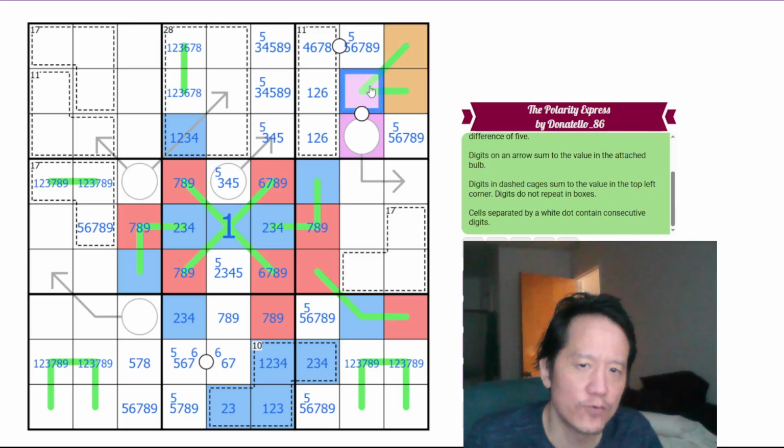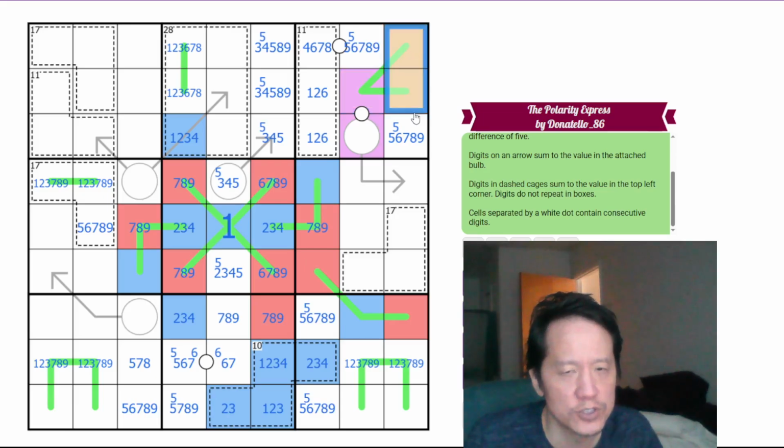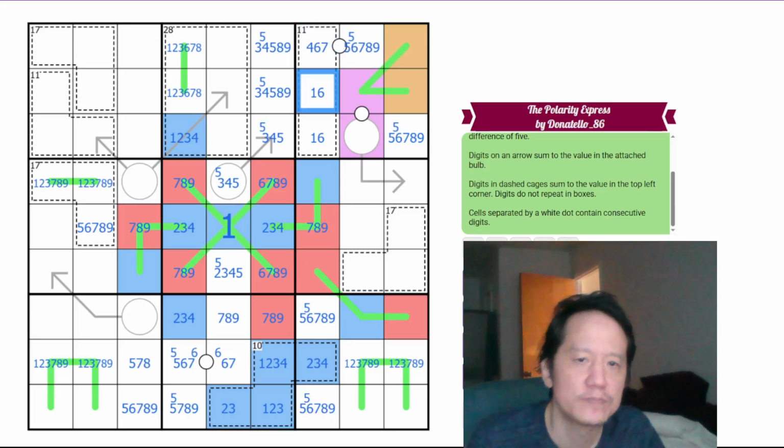It would be 3, 4, 9. Okay, so this can never be 1, 2, 8. If this is 1, 2, 8, this would be forced to be 3, or this is 3, 4. If this is 3, 4, this is 9, which would only be consecutive with 8. So you cannot have 1, 2, 8 here.